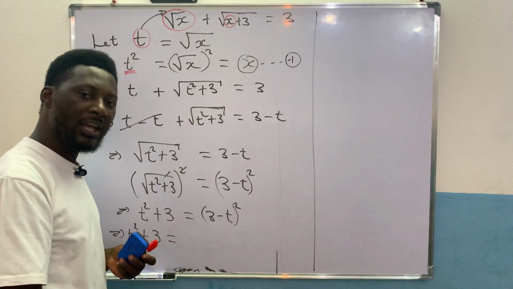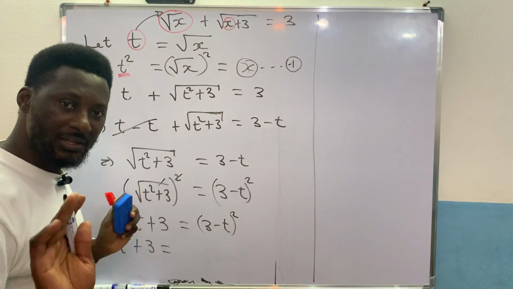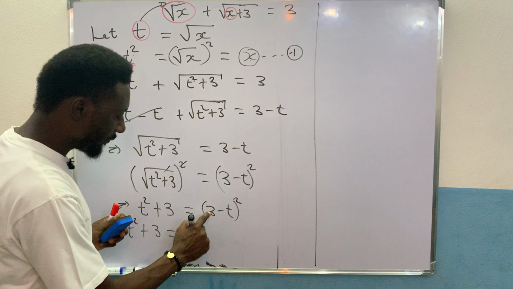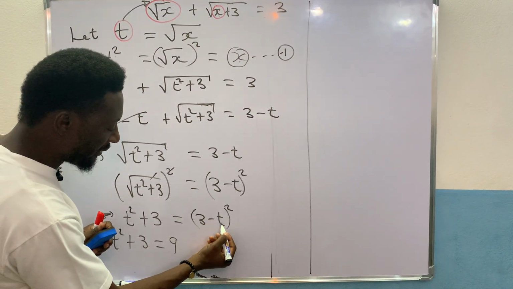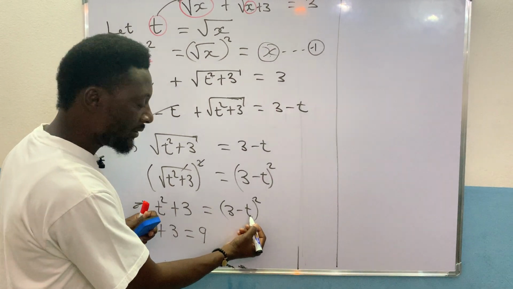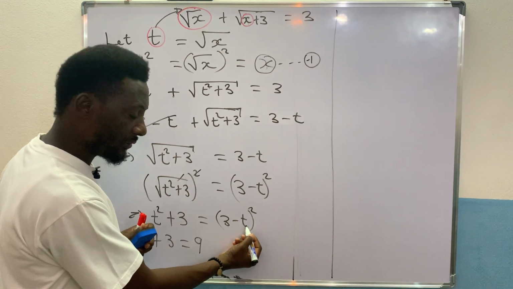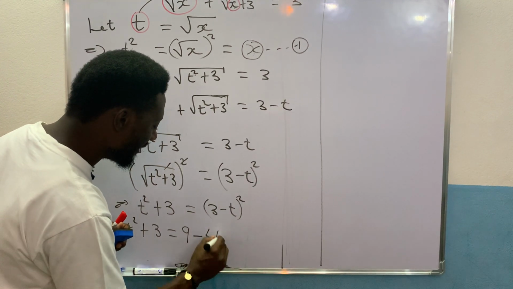How do you expand a bracket with a square? What you do is simple. Square this term, which will give us 9. Take this term, multiply by this other term: 3 times negative t gives me negative 3t. Multiply it again by 2, it gives me negative 6t.